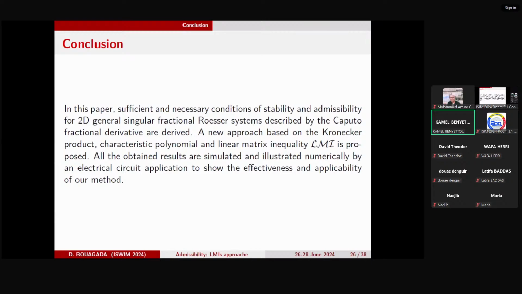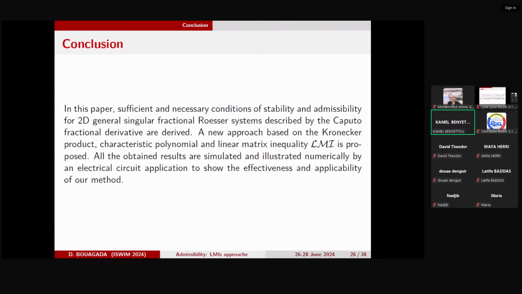As a conclusion, in this paper we have presented sufficient and necessary conditions of stability and admissibility for a 2D general singular fractional Roesser model, which is described by the Caputo derivative, with a new approach based on three steps: the Kronecker product, the characteristic polynomial, and the concept of linear matrix inequality, which is a powerful tool to analyze this type of problem.